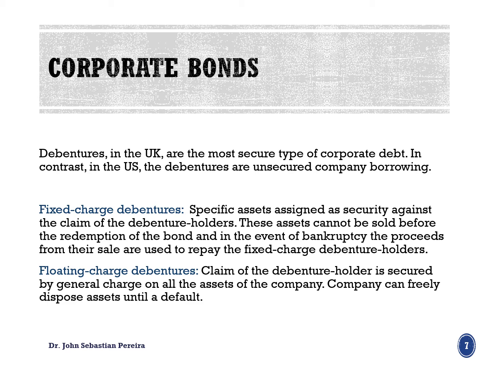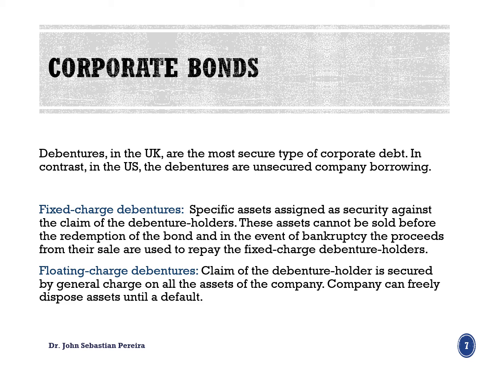In a fixed charge debenture, there are certain assets which are assigned as a collateral or a security for the investors in a fixed charge debenture. There are certain requirements that this asset cannot be sold before redemption of the bond, and in case the company defaults on its debenture payment, then this underlying asset could be sold to recoup the money back for fixed charge debenture holders.